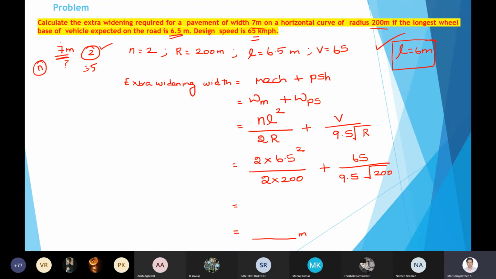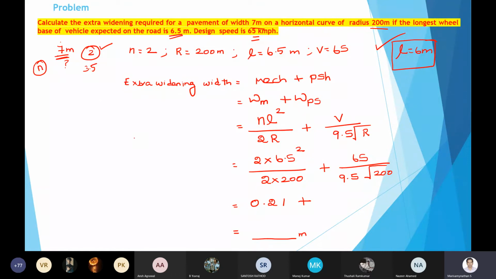So 2 into 6.5 square divided by 2 divided by 200. I'm getting the value of 0.21125. So I'm taking it as 0.21 plus 65 divided by 9.5 divided by root of 200.